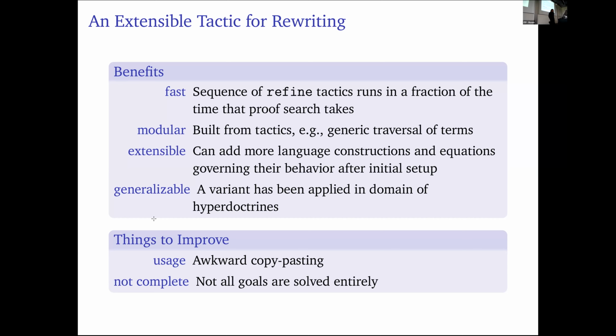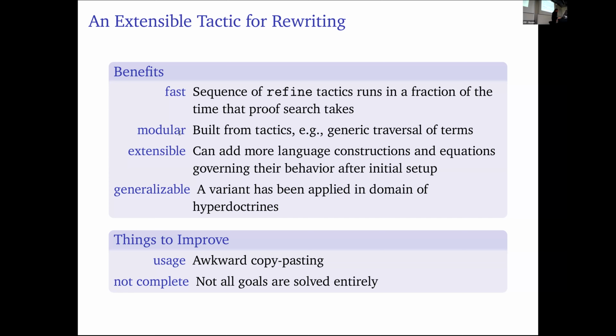What are the benefits of doing this kind of rewriting in such a weird way? Well, it's fast because the proof search takes a long time, but executing all these rewrites manually does not. So if we do the proof search once and then replace the proof search with the sequence of tactics that actually do the rewriting in a very surgical way, we save some time.